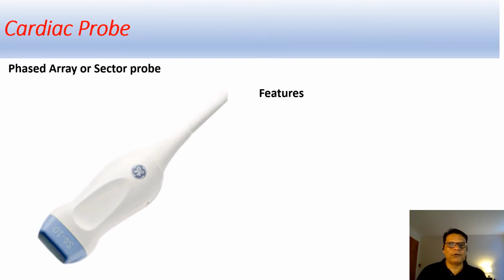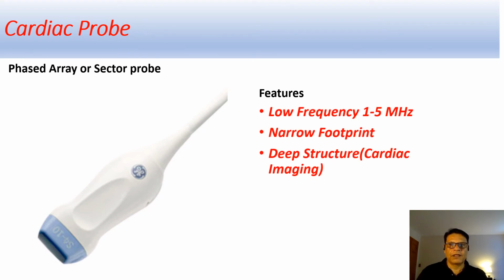So we already discussed the cardiac probe, and these are also called phased array or sector probe, depending on the technology that is used inside the transducer. And they are also low frequency transducers.